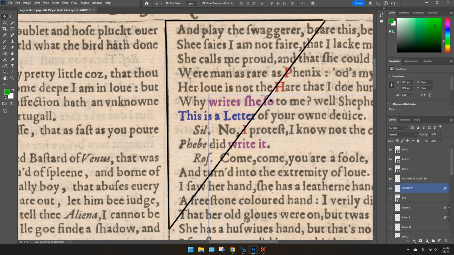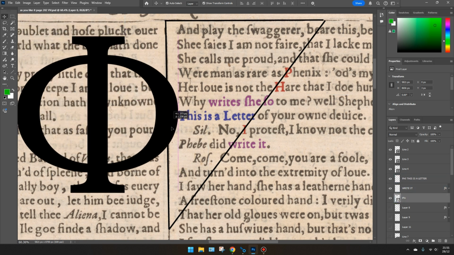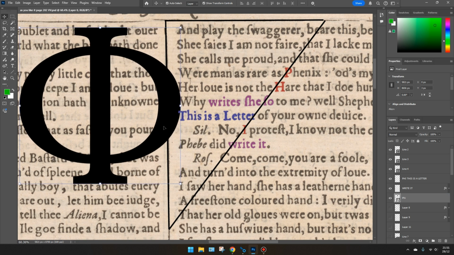And if you've got phi and it's asking us to write this letter, to actually put it down, what we get is this shape.